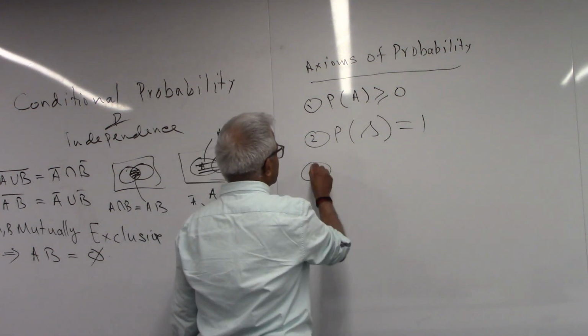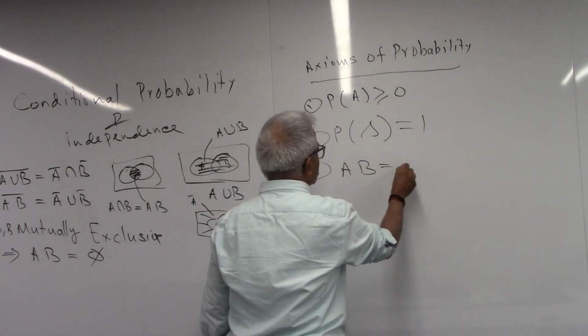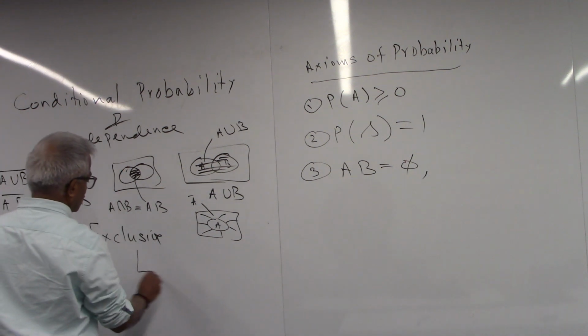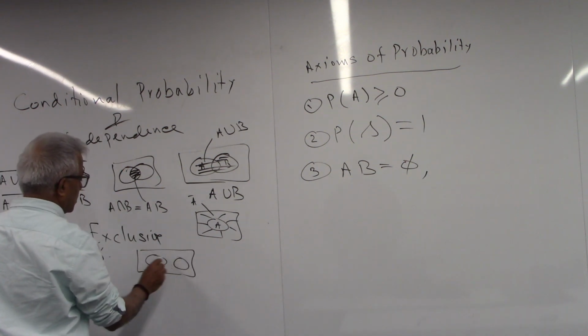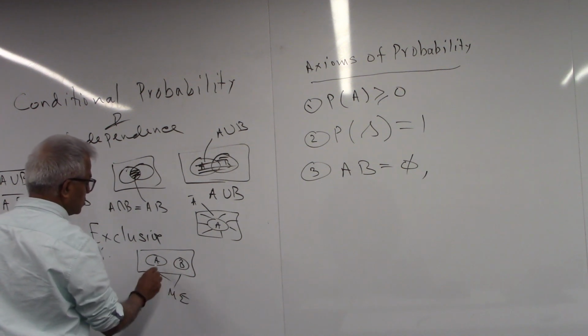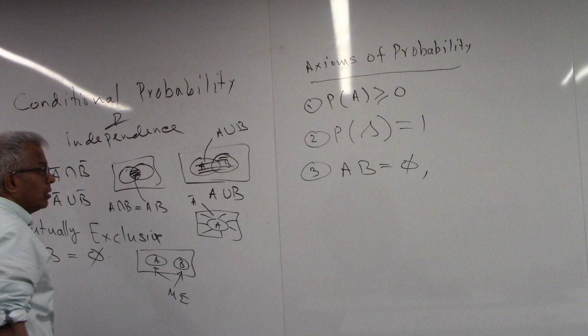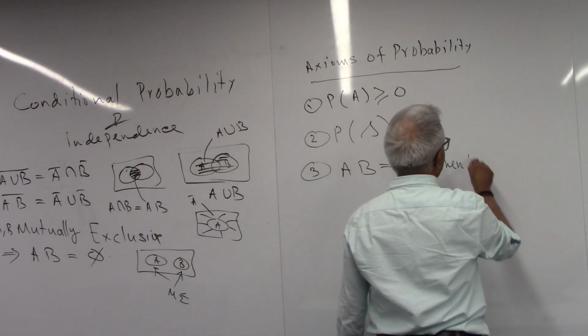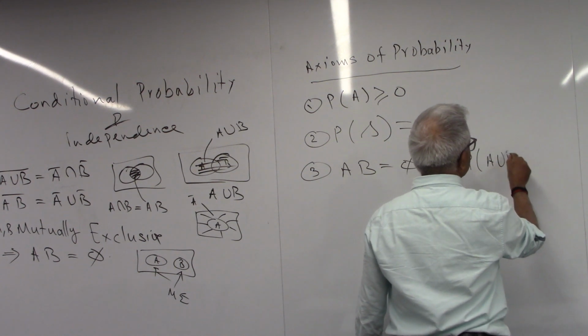The third one says that if A and B are mutually exclusive, a situation corresponding to this, so graphically it would be like this. This is A, this is B. Here A and B are mutually exclusive. Then the probability of their union is the sum of the probabilities.